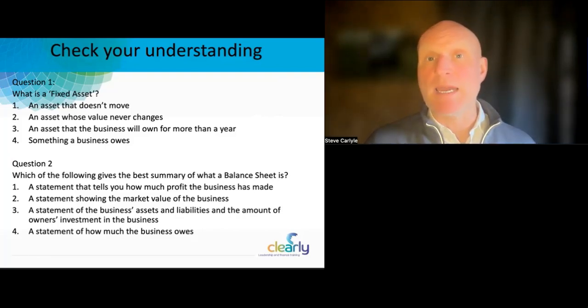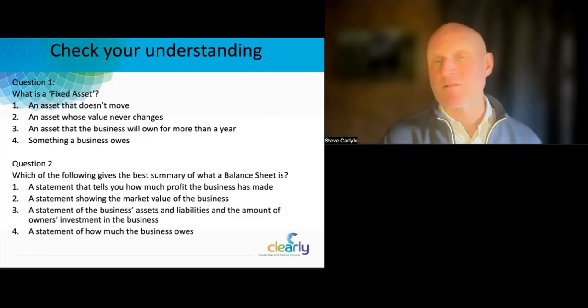And someone will pay, even if you did value the assets at their market value, and the law does allow you to do that if you want, it still wouldn't necessarily show you the market value, because a purchaser might be willing to buy the business for even more money than that value, because it has strategic advantage to them. So a balance sheet does not show you the market value of the business.